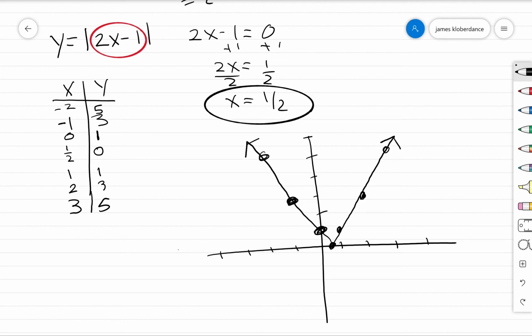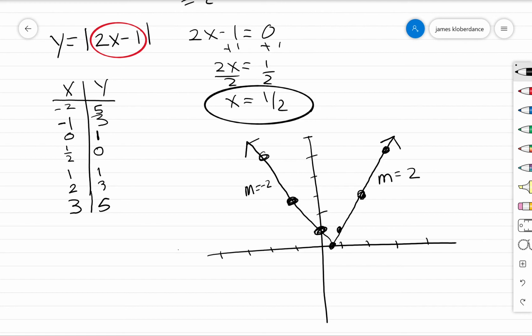So the only thing that's really changed here is that we shifted a half unit to the right, and I don't know if you can really notice from my graph, but the slope has changed. So the rise over run here, the slope is 2. So m equals 2 on this side, and over here the slope's negative, and it'll just be -2. Okay, so that is another example.